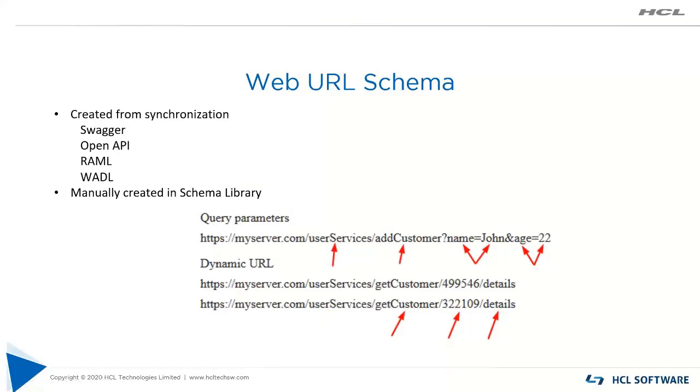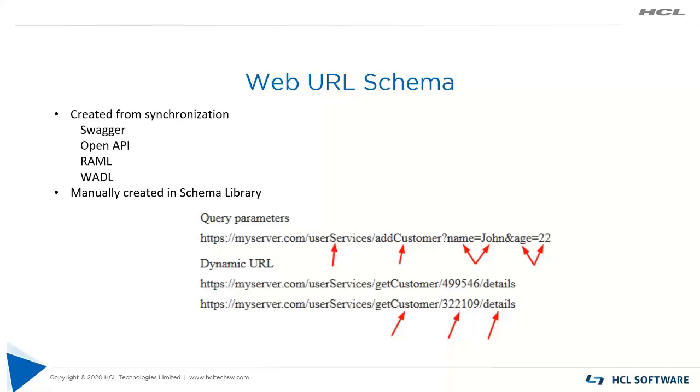As I mentioned, you might not have come across this schema, but there might be applications that you need to work with, you need to create tests for, or you need to create stubs for. And you might have to manually engineer these things because you don't have something to synchronize with.